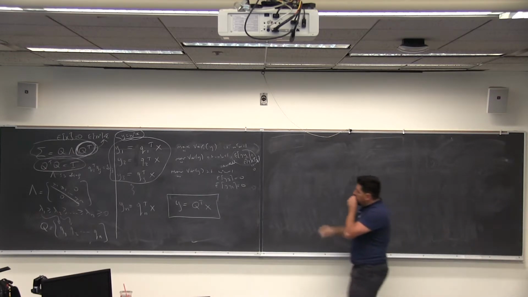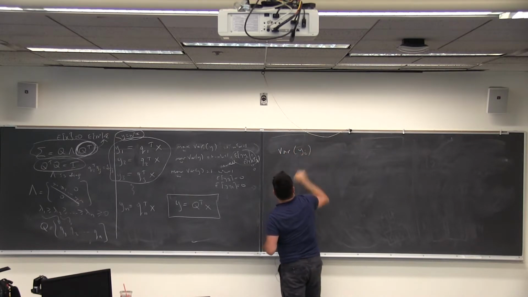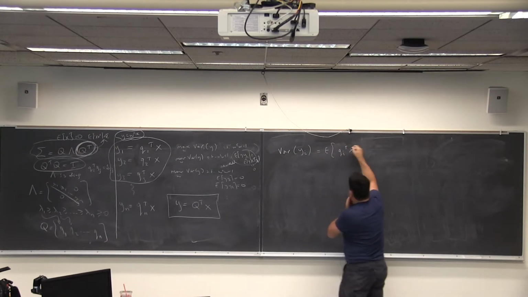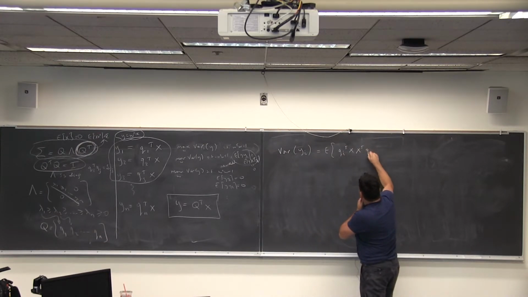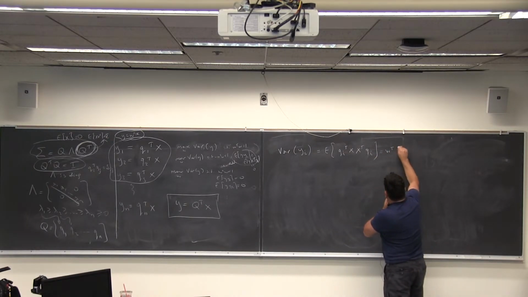So variance of Y1, let's look at variance of Yi, one of these. Since these are all zero mean, this is equal to (Qi transpose X) squared. So I can write it like this, right? You know this from the previous exercise.